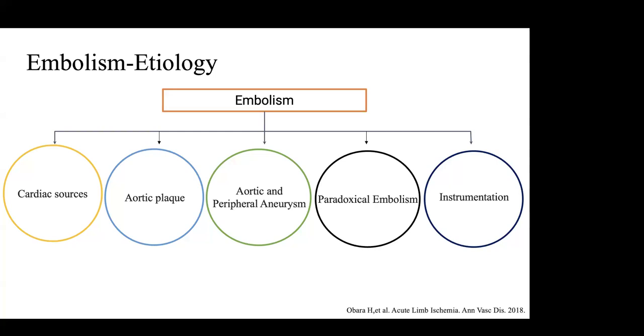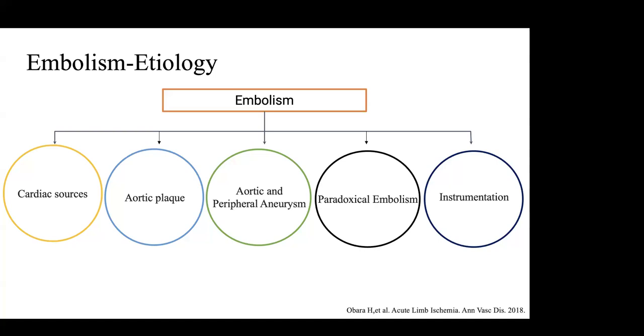The third point being aortic and peripheral aneurysm. Blood flow within aortic aneurysms is altered, such that mural thrombus is frequently formed within the aneurysmal sac. There is no proof of an association between the embolic potential of the aortic aneurysm and its diameter.